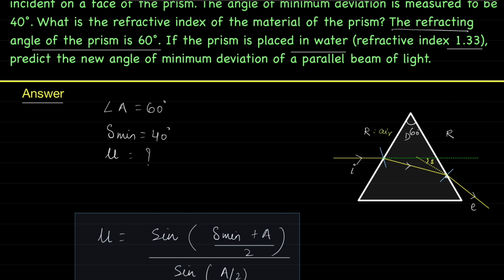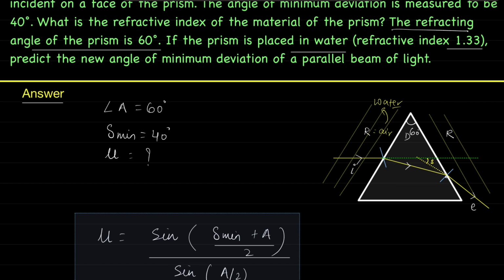Now the air is changed to water. So we can say that this glass prism is present inside the water. Assume that the water molecules are present. Now what is the new minimum deviation?